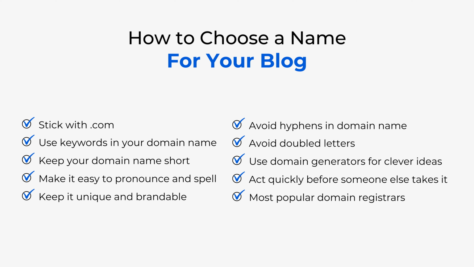The number one thing you need to do is stick with .com domain extensions. There are plenty of domain extensions available today like .com, .net, .org, but I personally recommend choosing a .com, because think of it like a general scenario. When I have just heard about a brand, what will I as a user do to find out about that brand?